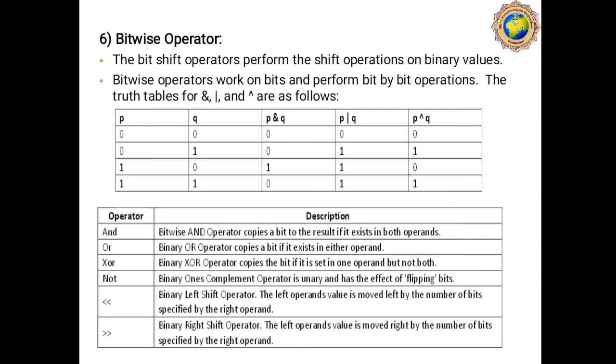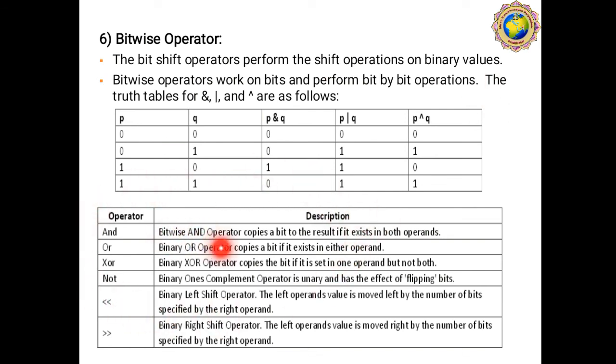And if any one bit differs, like 1 and 0, then it gives the answer 1. This is nothing but based on the binary digits of the values for the shift operator, like this and this.